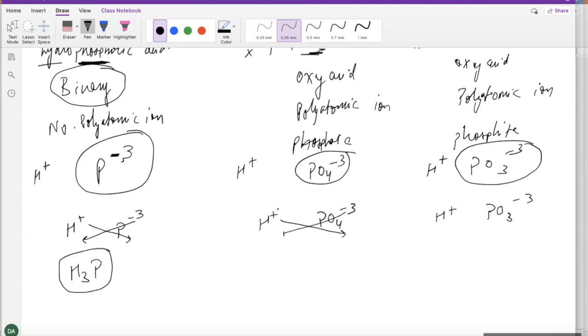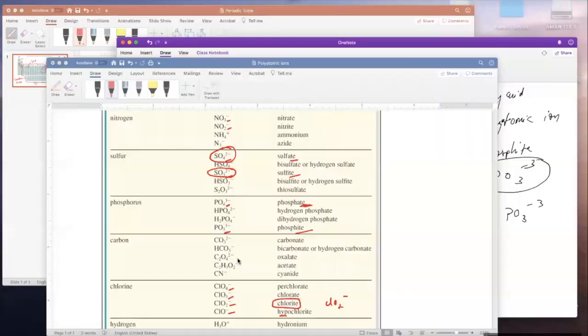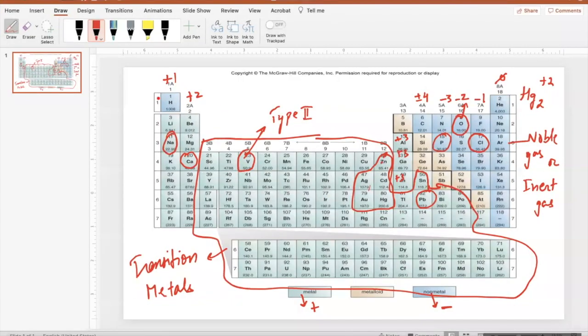And guys, if you're wondering where we got the H plus 1 from, H is in group 1 right here. So it's also always plus 1. Guys, hydrogen can be plus 1 or minus 1. It is that dicey atom. It can act as positive one or negative one when needed, but generally speaking, it is considered a non-metal.